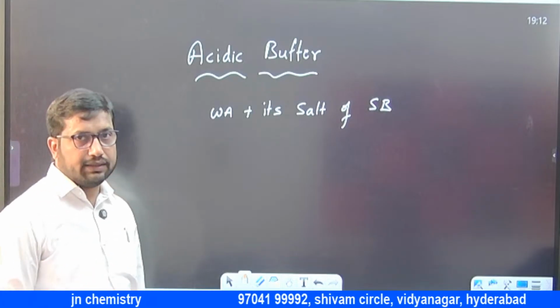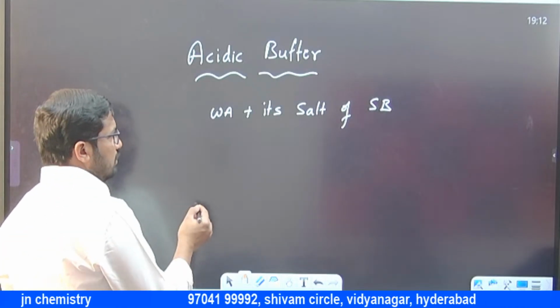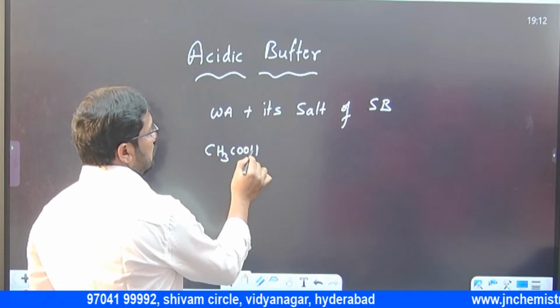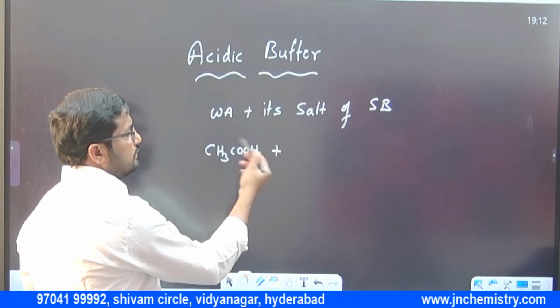I told you weak acids, for example, CH3COOH. Weak acid and its salt of strong base means what?